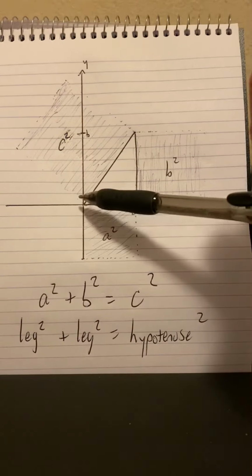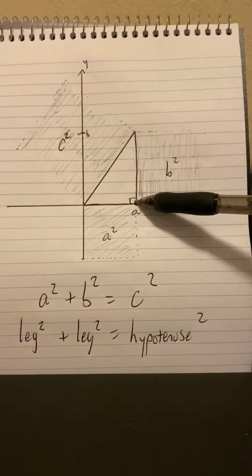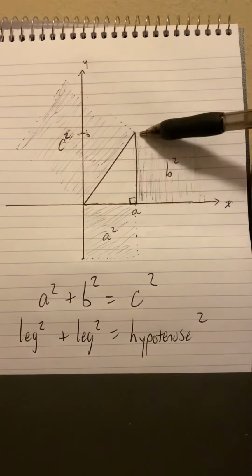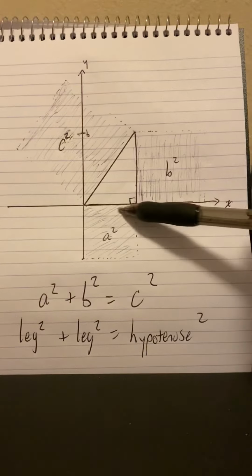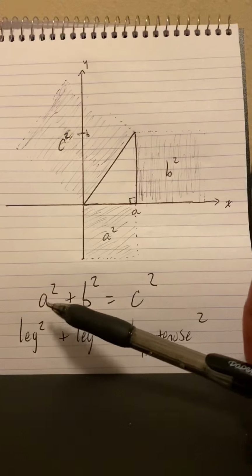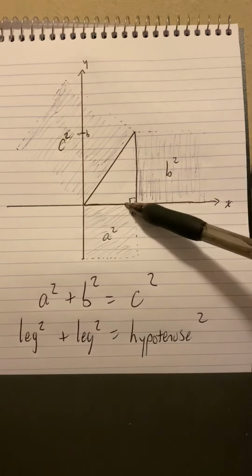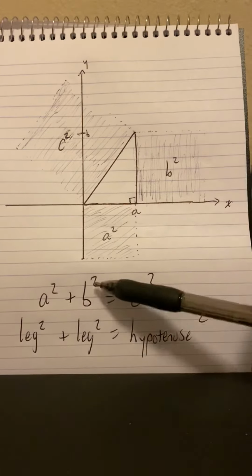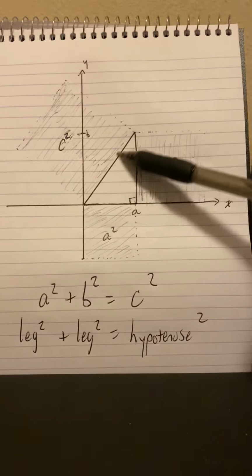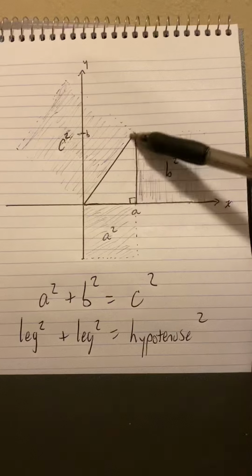So if we label this distance over A and this distance up B, then this length here is A and this length is B. And the Pythagorean theorem says A squared, this distance squared, plus B squared, this distance squared, has to equal the square of the hypotenuse. So this distance across here squared.